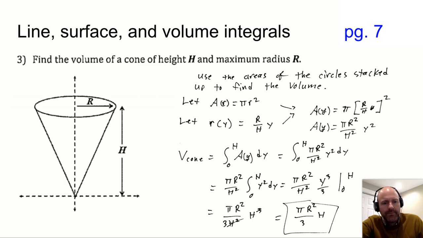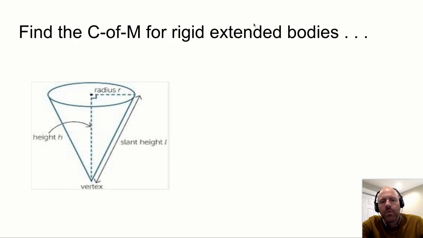Continuing on, we have the problem of finding the center of mass of this object. If we can find the volume of the object, we've done the hard work of the actual integration. Now we need to figure out how to use that with what we know about finding an object's center of mass.